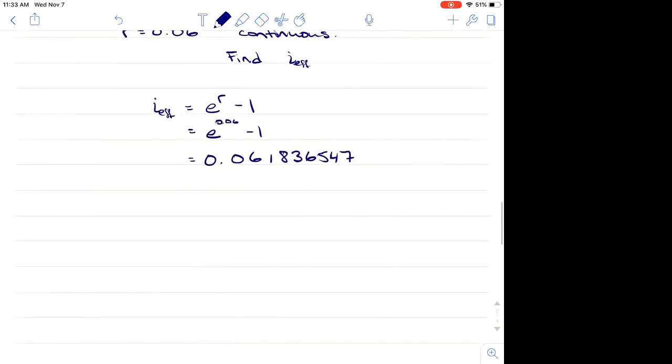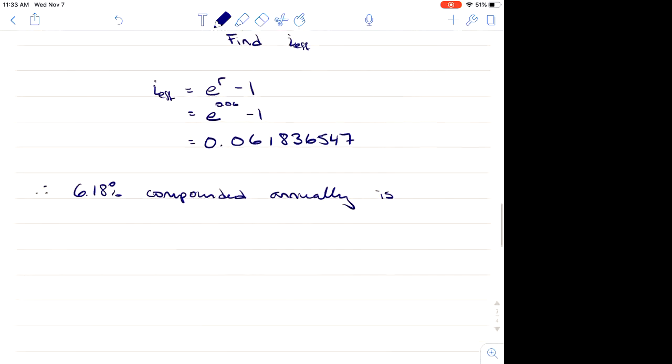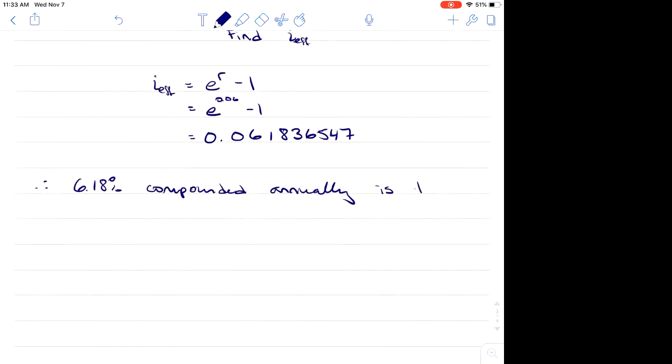So therefore, 6.18% compounded annually is the same as 6% compounded continuously.